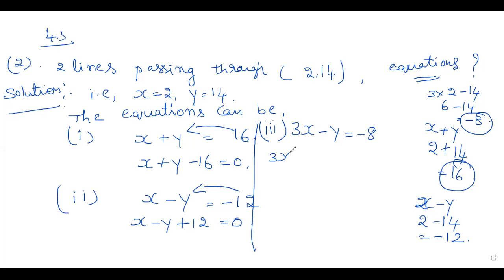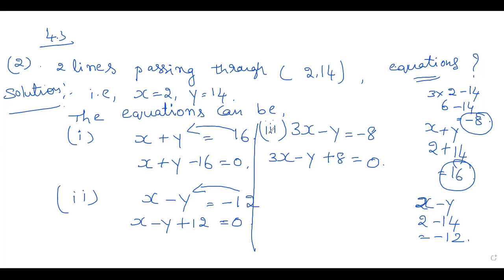3x minus y is equal to minus 8. You can write it as 3x minus y. Take this to the left hand side. It becomes plus 8 is equal to 0. So these are the equations, children. The lines passing through the points 2 and 14. Okay, like this. They are asking how many more such lines are there.